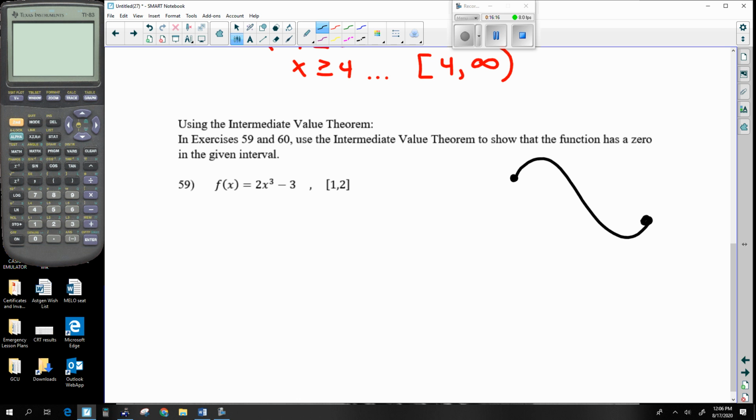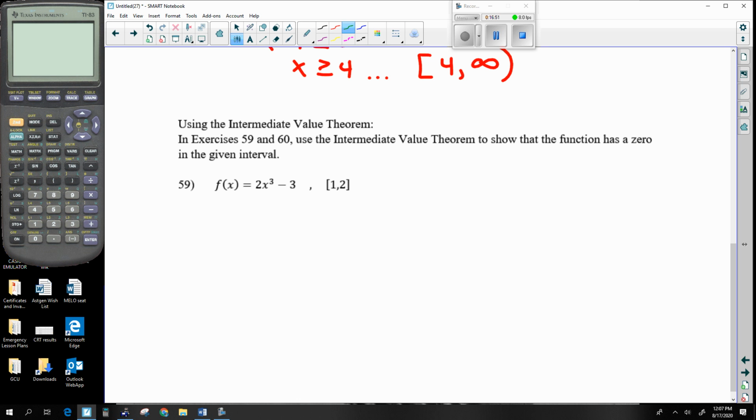If this is continuous and has a height of 5 and a height of 2 or something like that, that means there is a value somewhere in between these two things where all values from 2 to 5 are represented. Like there's a value when it's 3, there's a value when it's 4, there's everything in between 2 and 5 somewhere in between the two. That's the intermediate value theorem.